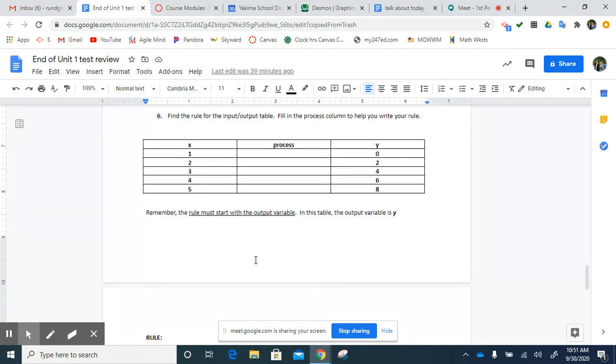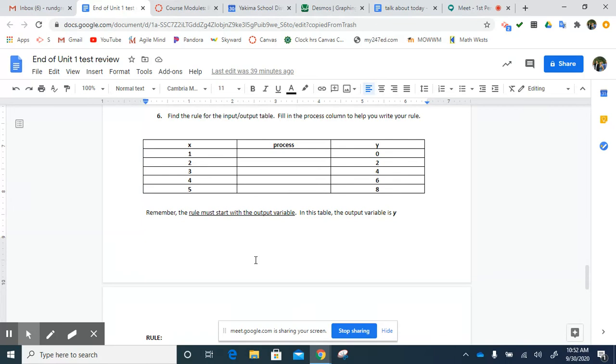Okay, so for number 6, find the rule for the input-output table. Fill in the process column to help you write your rule. Remember, the rule must start with the output variable. In this table, the output variable is y. So let's go ahead and copy down this table on our paper.